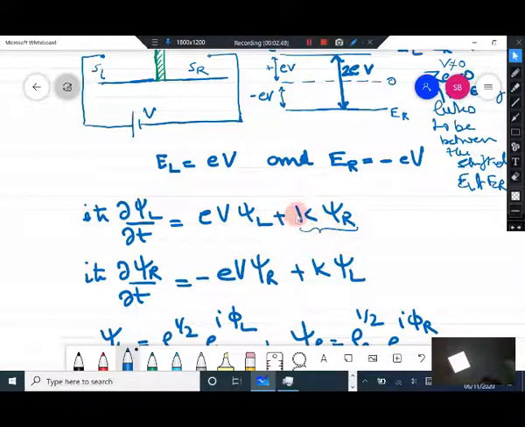It is only changing the dynamics of this wave function. So k times psi R and k times psi L do not grossly change the ground state energies of the superconductor. The only difference is that they change the overall dynamics. What they are going to affect is del psi L by del t and del psi R by del t.